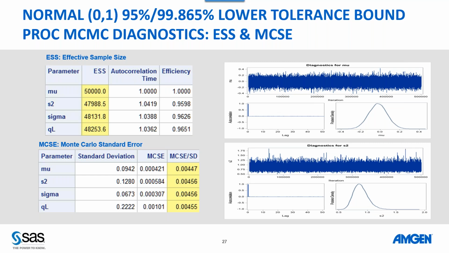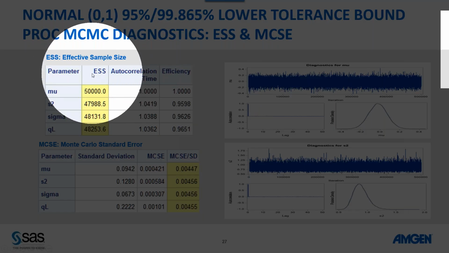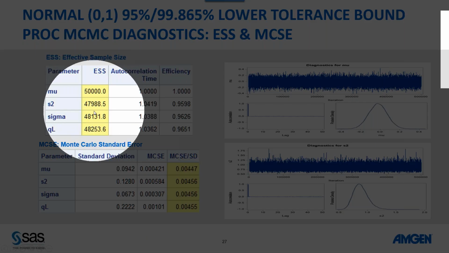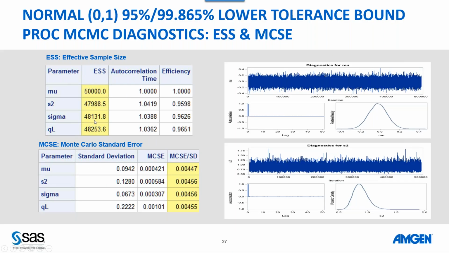And then a way to summarize the visual display is the effective sample size. Effective sample size is close to 50,000, and that's very, very good, an indication of efficiency in sampling.